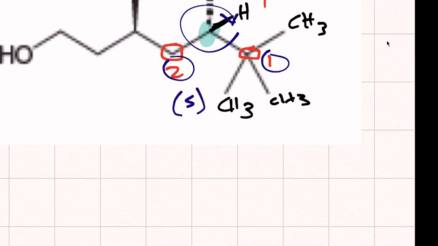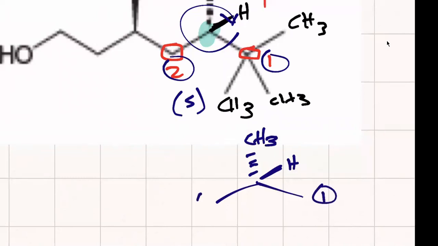Yeah, let me show you though, because I don't want you to think that I'm just BSing you. So if I draw this, I'm just going to put my other groups over here, right? So I'm going to make this 1, that 2, and then the CH3 is 3. You following? Yes or no? Yes. All right, if I turn this over so that H was pointed to the back, it would look like this.